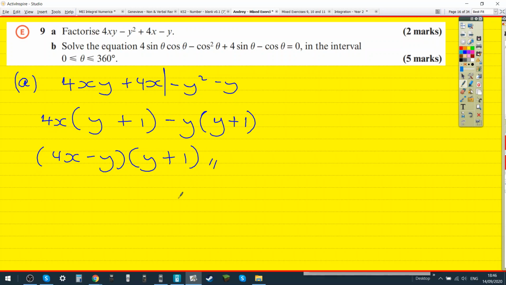Okay, part B. Should I divide both sides by cos theta?